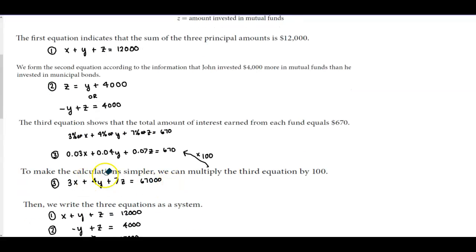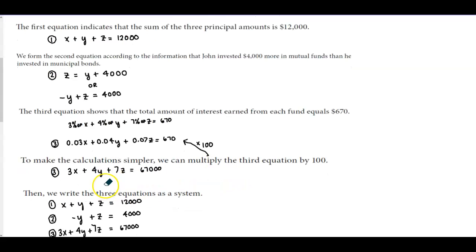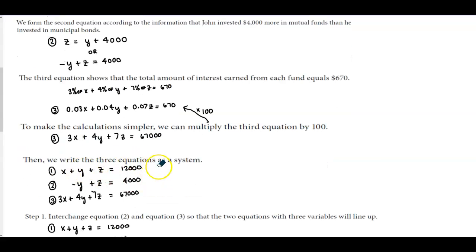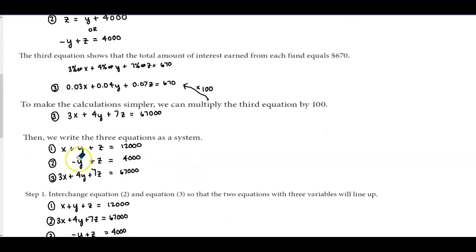To make the calculation simpler, we can multiply the third equation by 100. So if we multiply every term by 100, we get 3x plus 4y plus 7z equals 67,000. Then we're going to write the 3 equations as a system. So we have our first, our second, and our third.